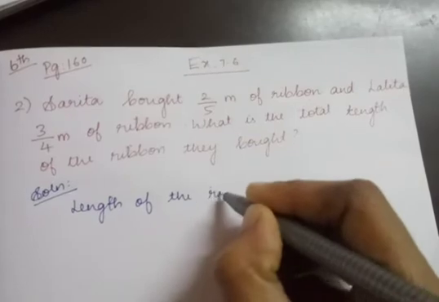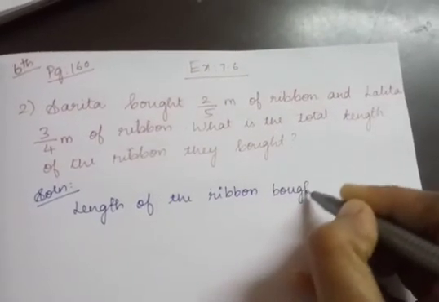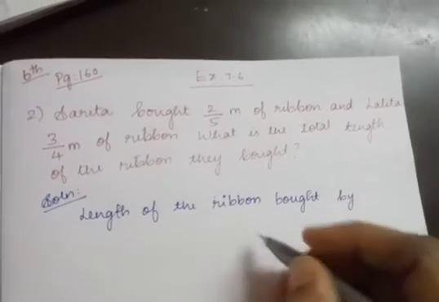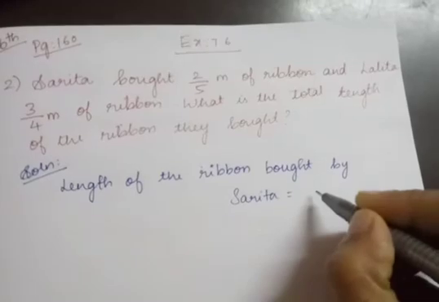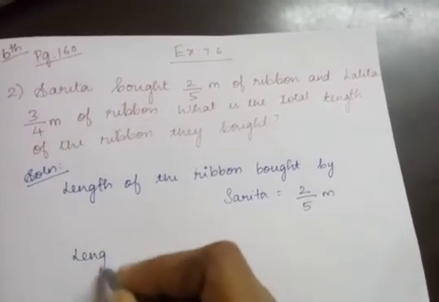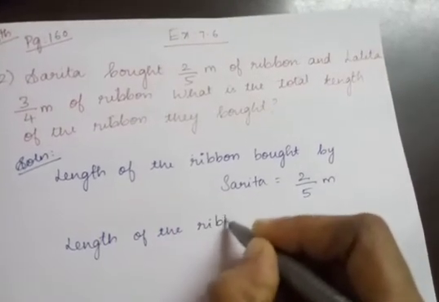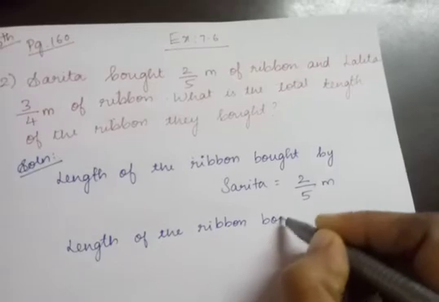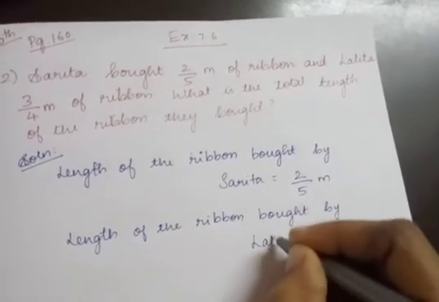Length of the ribbon bought by Sarita. What is the length of the ribbon bought by Sarita? 2 by 5 meter. Length of the ribbon bought by Lalita.